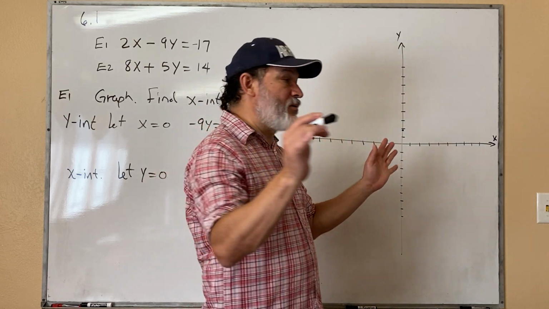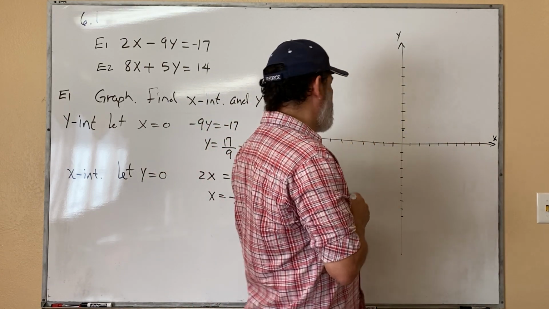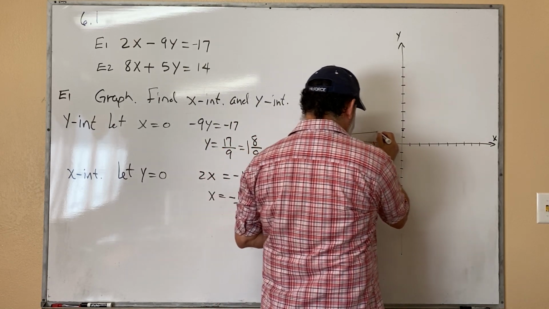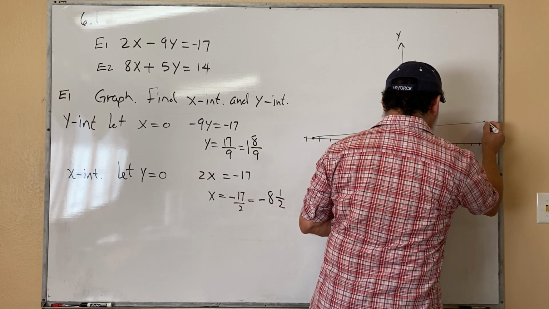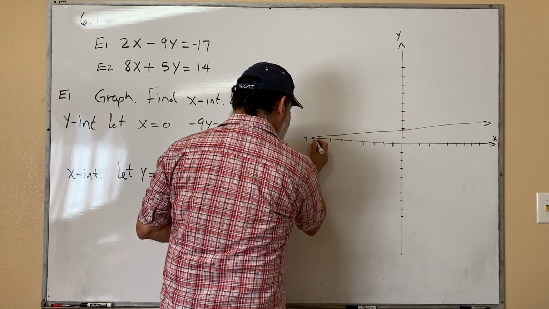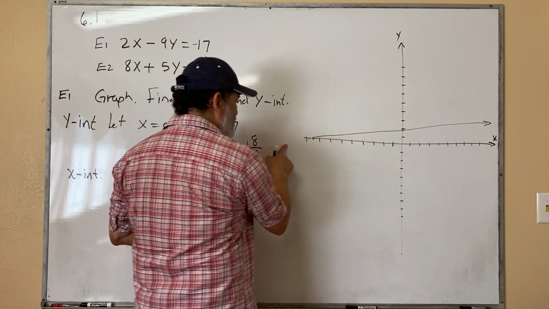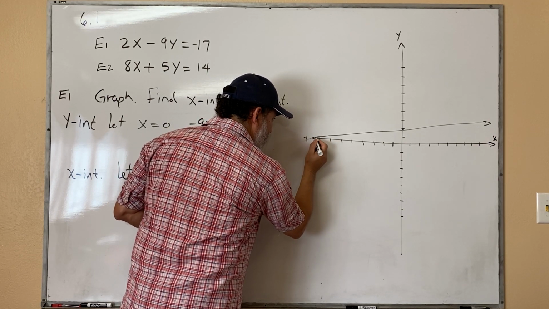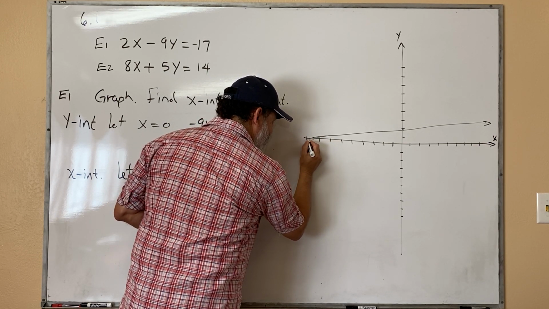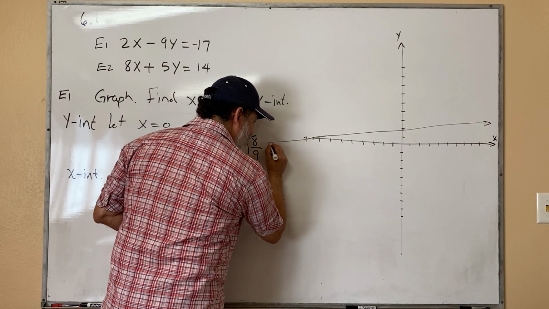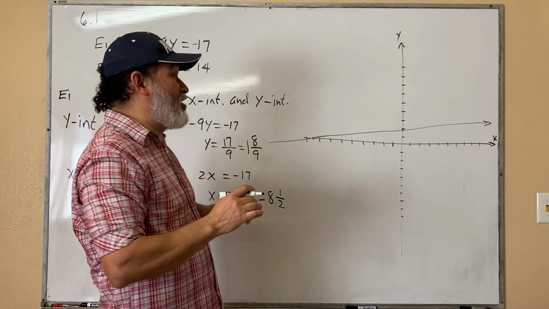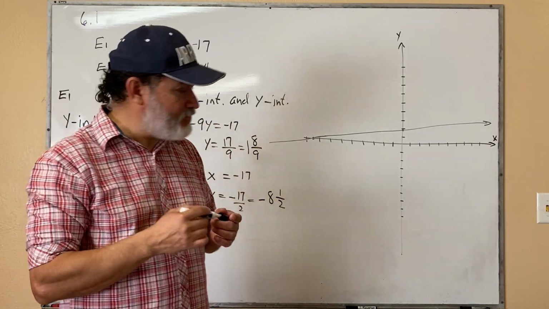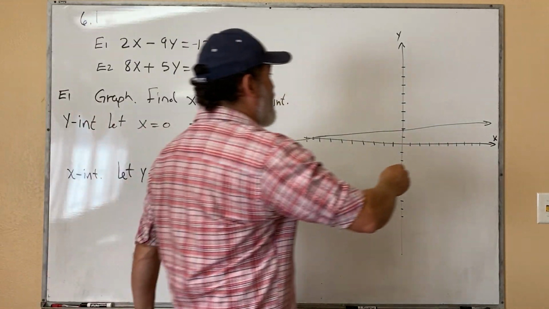I don't have a ruler. You know what I mean, right? A straight line right there. I don't care what anybody thinks. This is a straight line. So this is equation 1.